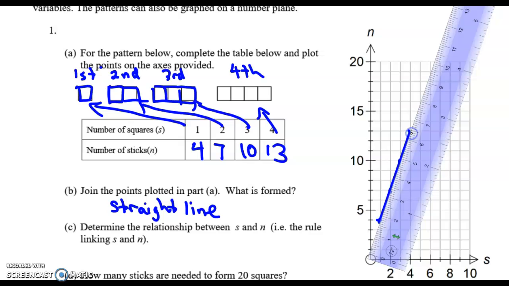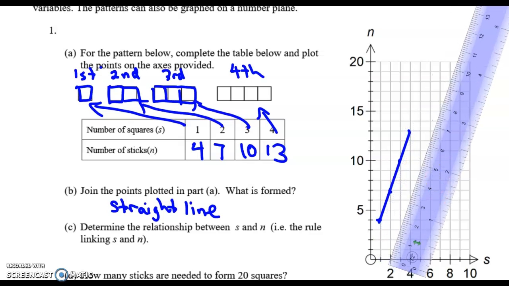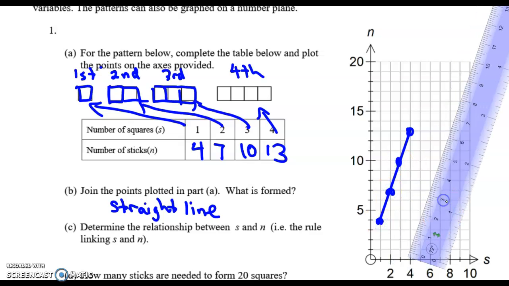If we joined up those points, you'd be able to see we get a straight line that's joining them. So there's a linear relationship in this sequence.